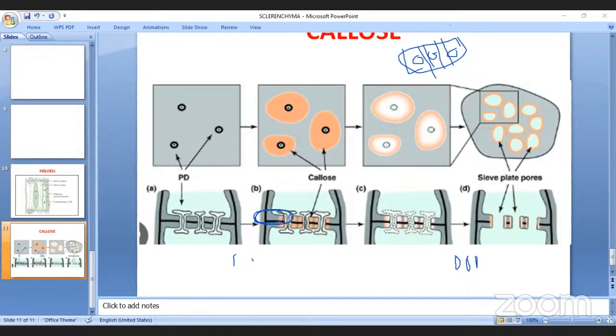This mucilage structure prevents damage to the existing and neighboring cells of the phloem elements. So that is the function of P protein, to prevent damage to the cells in phloem elements. So this is about callose and the P protein.